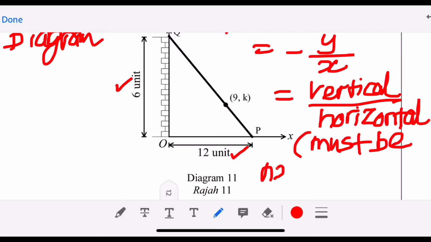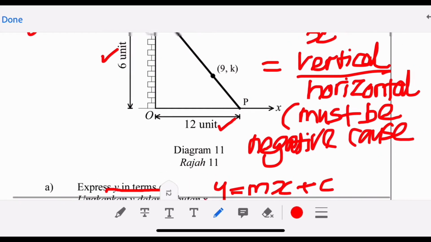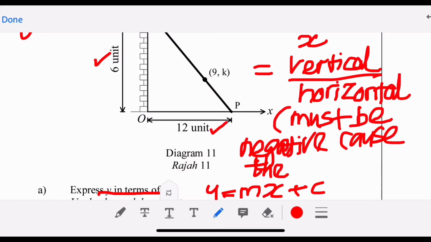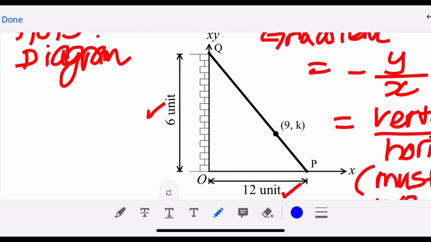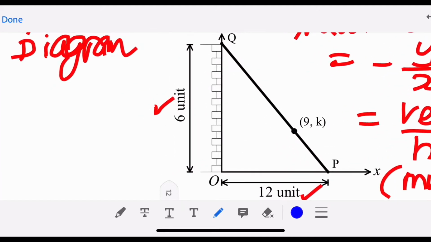So it must be negative because the line is going down, right? When the line is going downward, it is negative. So now the gradient of the straight line is negative 1 over 2, which is actually negative 6 over 12, right?